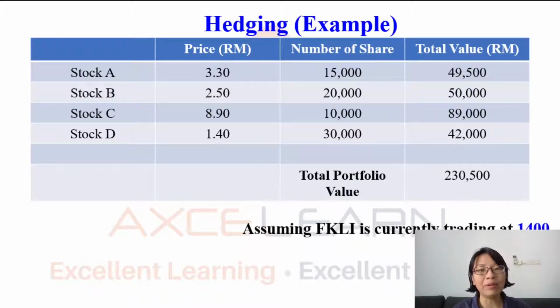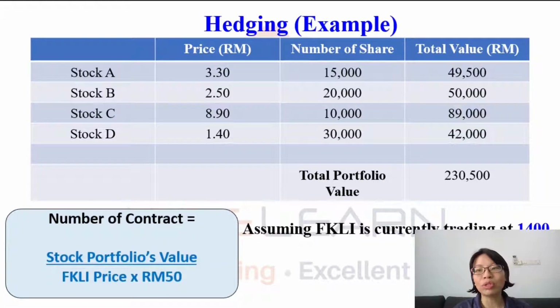Let's say, assuming the current FKLI is trading at 1,400. You can see, right? It's 1,400. So going back to the previous formula, if the current FKLI is trading at 1,400 and my total portfolio value for my stock is 230,500 ringgit, how many contracts do I need to sell in the futures market to hedge against my stock portfolio?